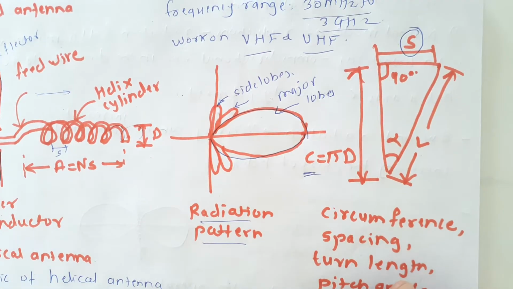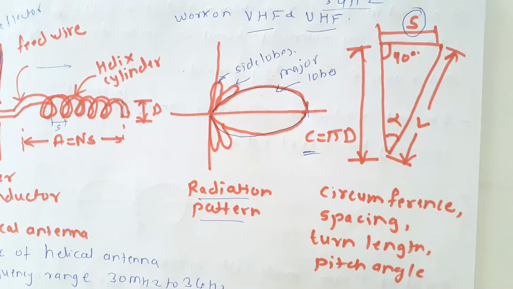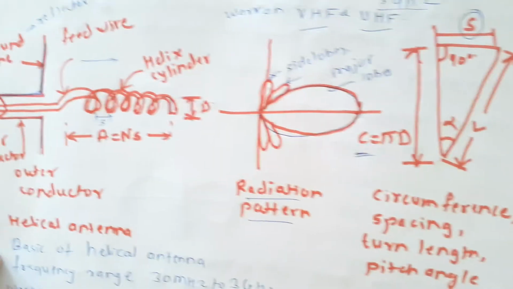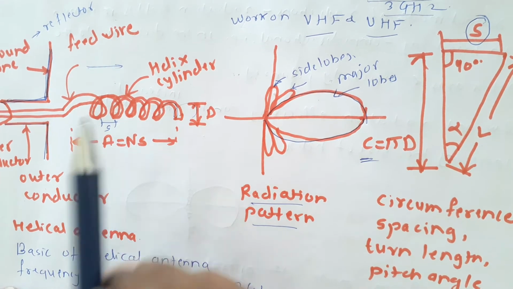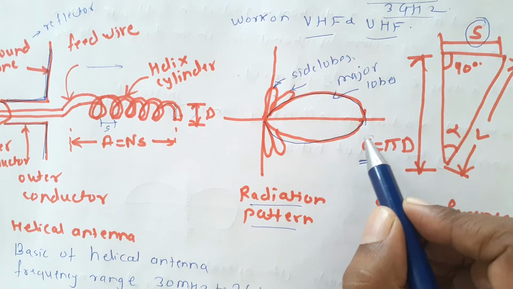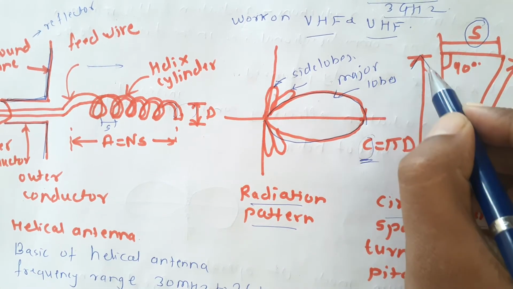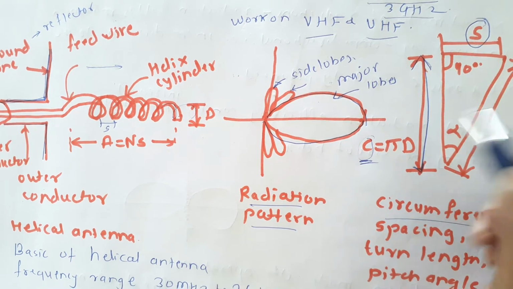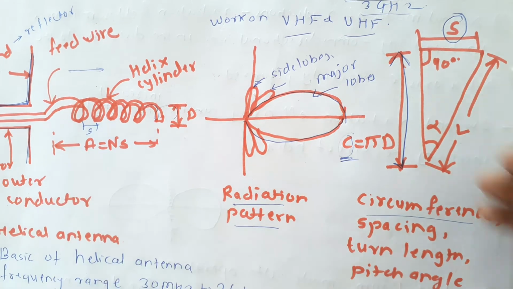Now we will see some important parameters of the helical antenna. Here we observe the number of turns of the helix. C is the circumference of the helix. This particular distance is mentioned as C, the circumference of the helix.